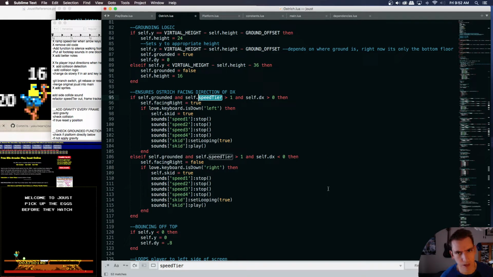If left is down, then skid. So this is the skid logic for when I'm going faster than a certain speed.